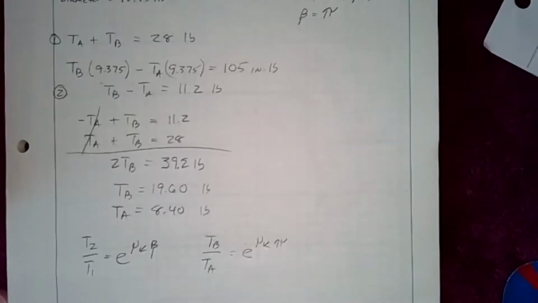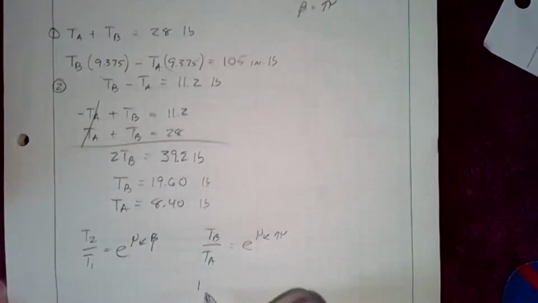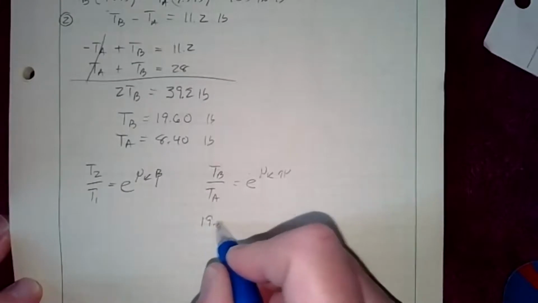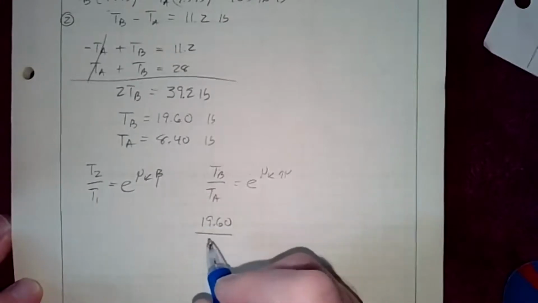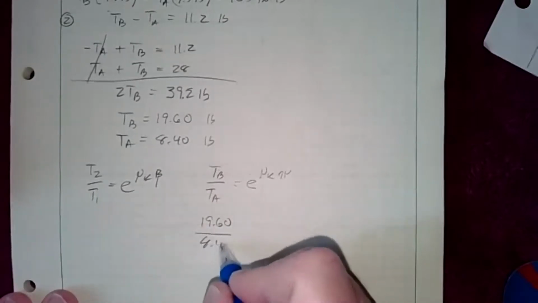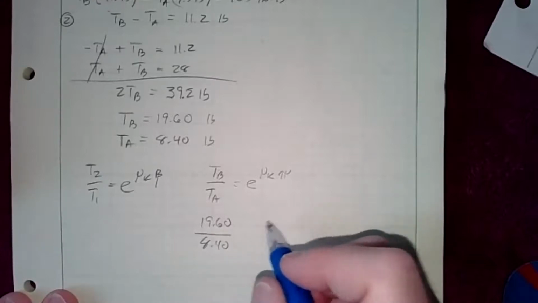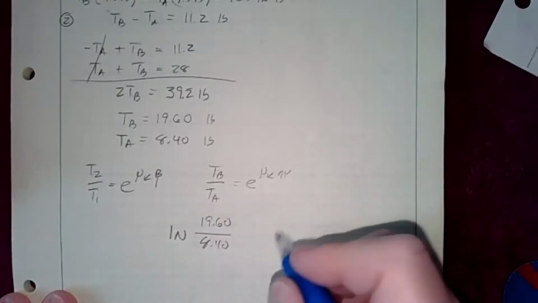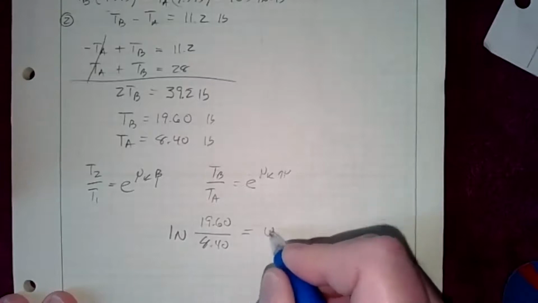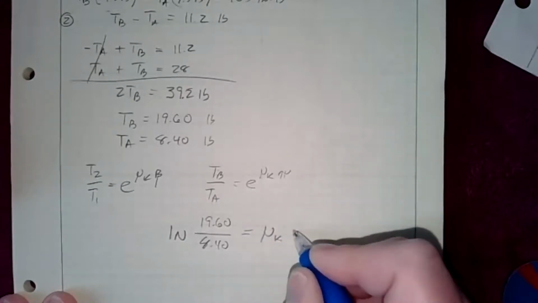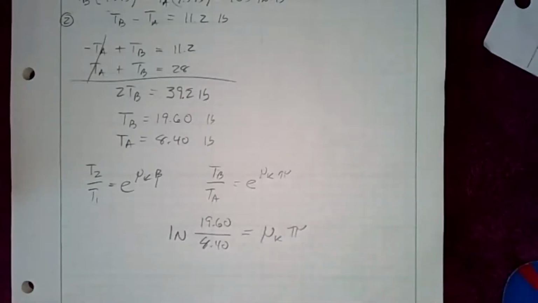So we get 19.60 divided by 8.40. Take the log of both sides, equals mu K times pi.